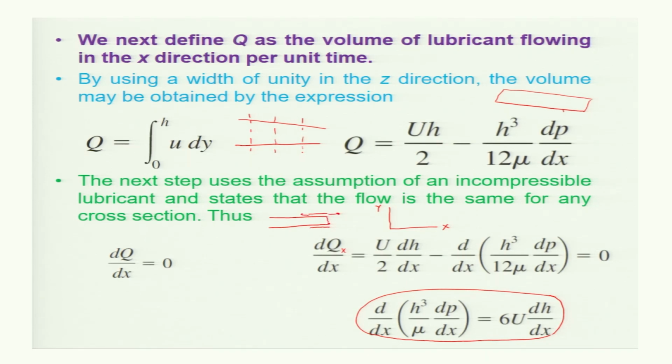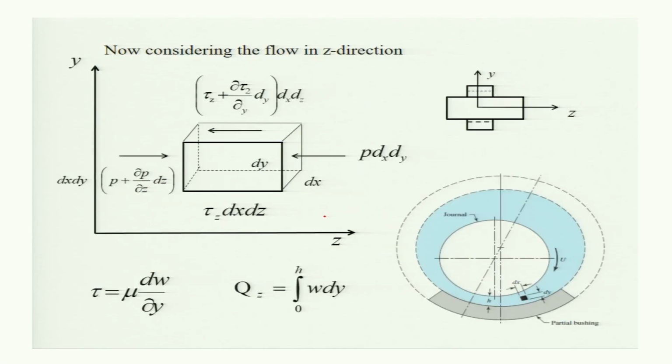So let us take that also. Now we are taking a plane z and y, where z is the axial direction and y is the radial direction, and the same thing we have done.